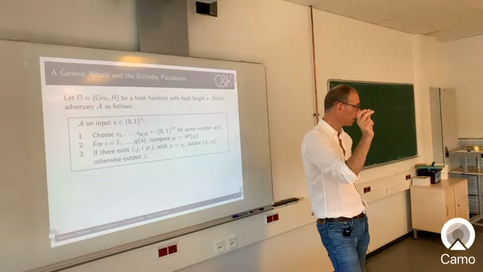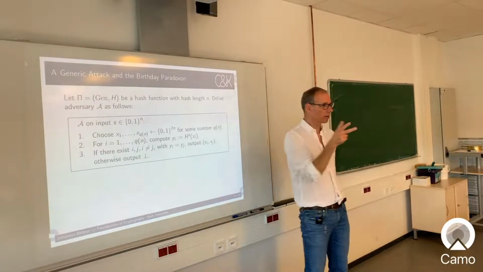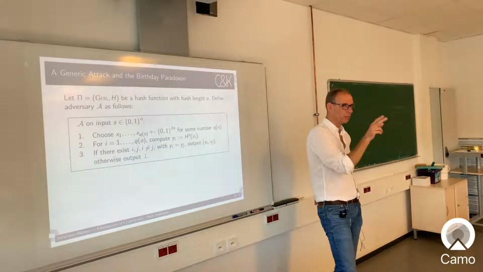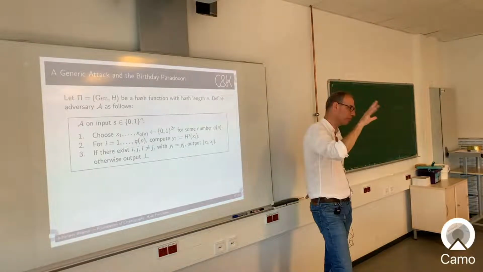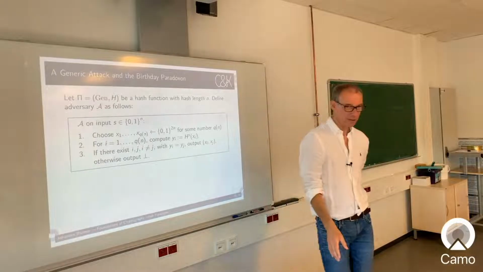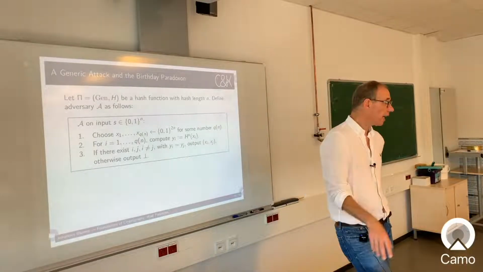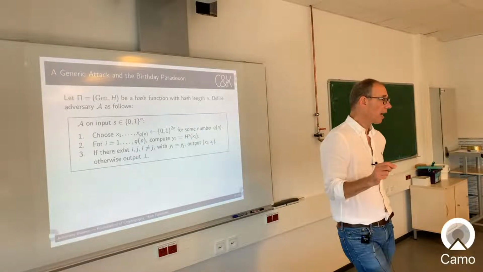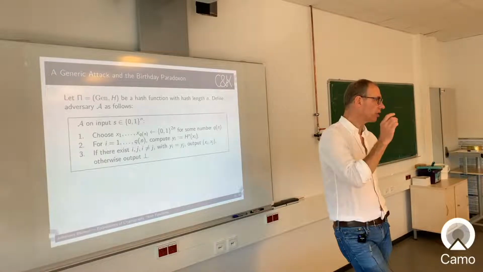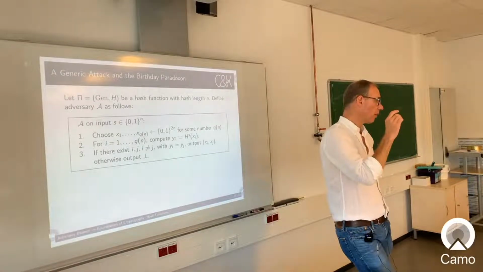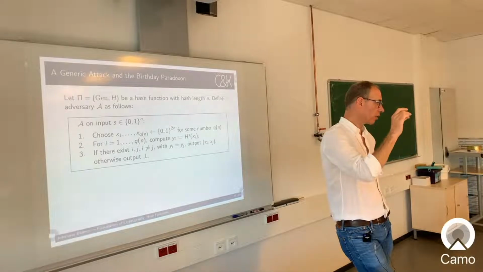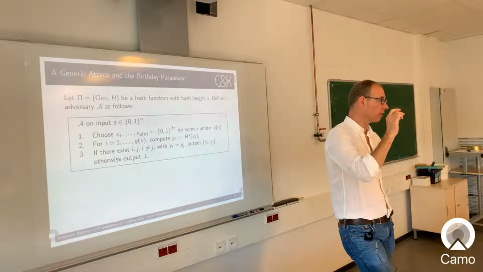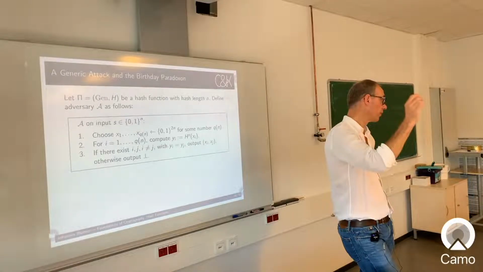Okay? It's not quite true. They're a little bit better, maybe 2 to the 254 or 55, but really not significantly better. But as we will see, we have easily collision finding algorithms for hash functions with hash length 512 that only use time 2 to the 256.